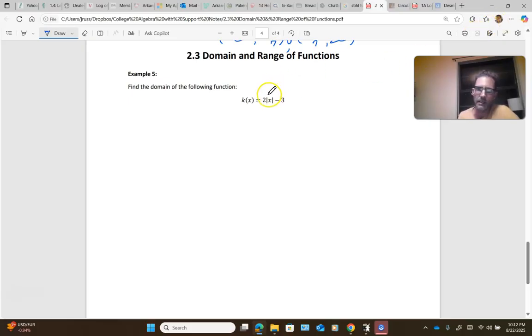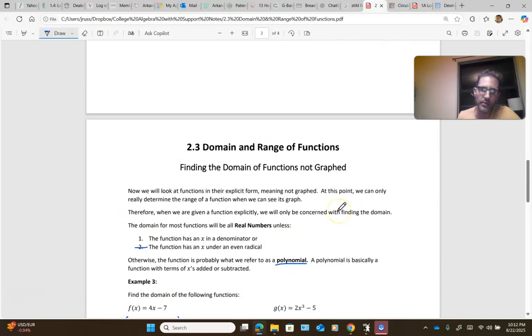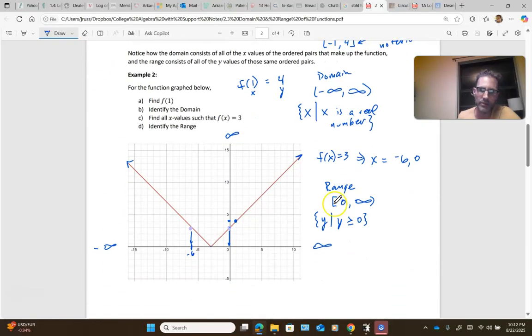And technically, let's see, I don't believe that an absolute value function is a polynomial, although it sort of behaves like one. It behaves like two linear polynomials together, right? Because if you remember, it has that kind of V shape, so it's like one line connected to another line.